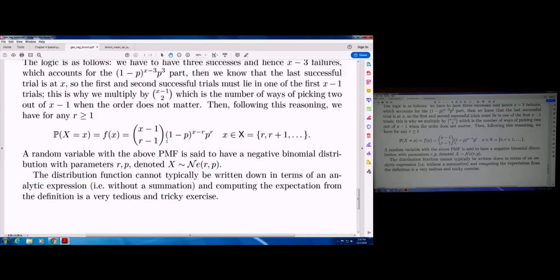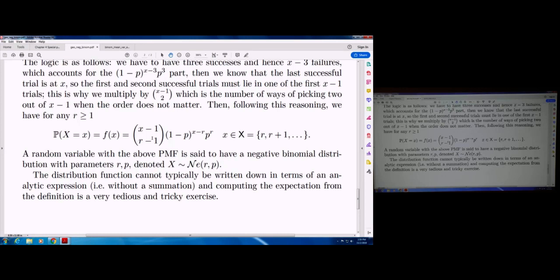If you think of trying to memorize this type of formula, there's no reason to do so. That would be the kind of difference that should be in your head. But fundamentally, the binomial and the negative binomial distribution are both associated with independent and identically distributed Bernoulli trials, but they measure different things.